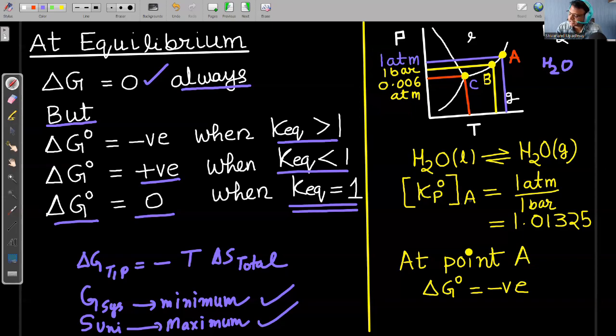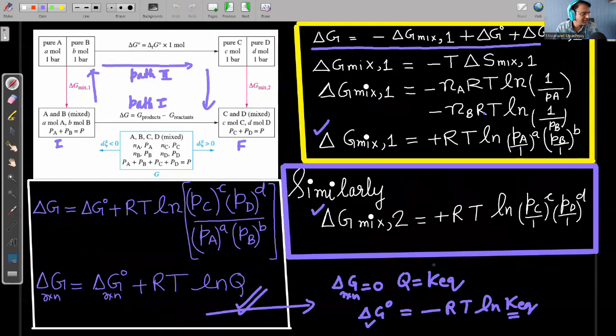So Kp naught is partial pressure of H2O under the given condition divided by partial pressure of H2O under standard condition, right? So here we should know when we are deriving and writing, this one is important. When equilibrium is there, this is Pa at equilibrium, Pb at equilibrium, but 1 bar is there in the denominator, right?